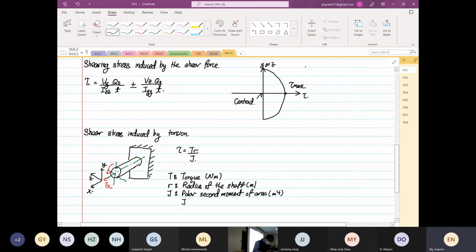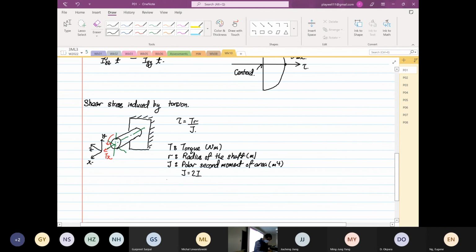The formula is J equals twice I, where I is the second moment of area, also in meter to the 4. If it's imperial, it's in inch to the 4. So this is another cause of shear stress.